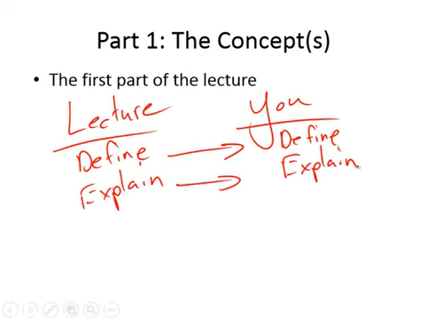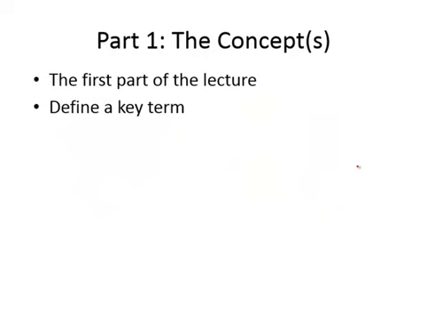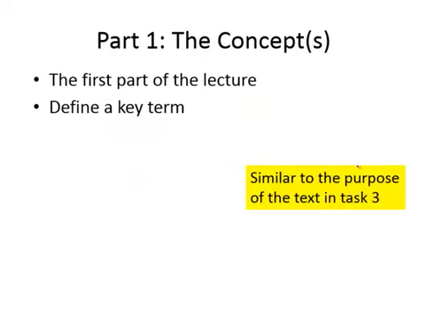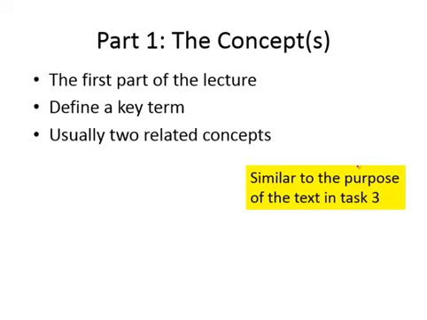Now, this is generally a definition of two ideas. Sometimes it's one, but it's usually in pairs, and it's very similar to the text in task 3, this beginning part. So these two related concepts are similar to, in my other video, you saw an example of two concepts that were defined in a text.